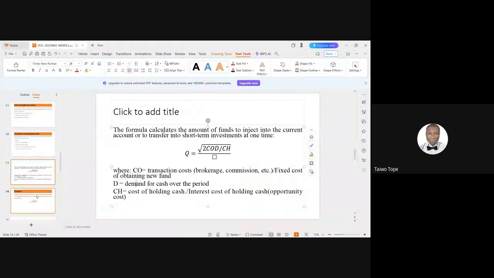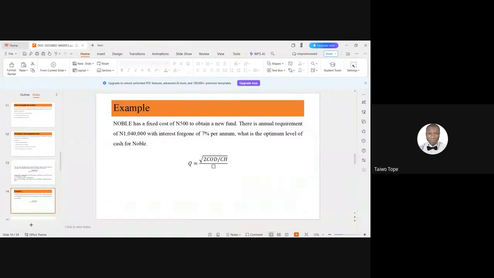So now, going back to the question, there is an annual requirement of 1,040,000 with interest forgone of 7% per annum. 7% will be what? Holding cost.